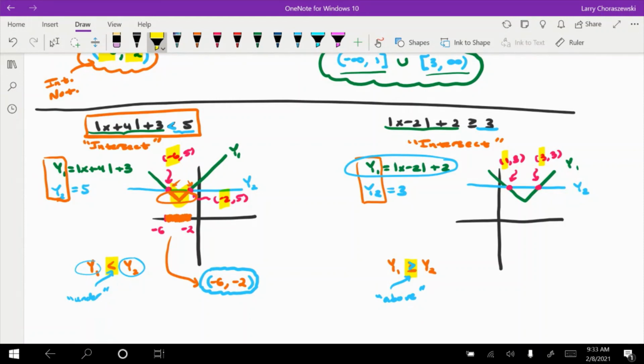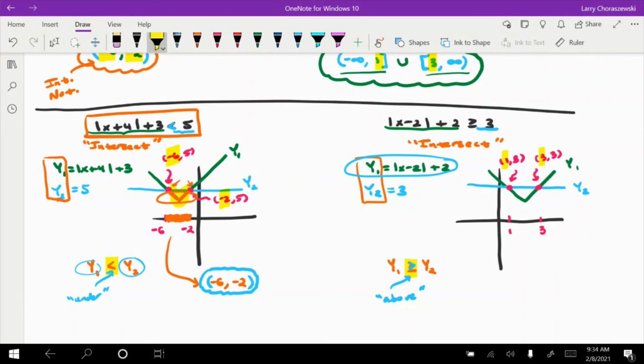But again, inequalities, so there's a little bit more that we have to add on to this graph or this diagram. And we'll start with tick marks corresponding to each point on the x-axis, 1 and 3. Okay, notice that 1 and 3 were involved in our algebra solution or interval notation.